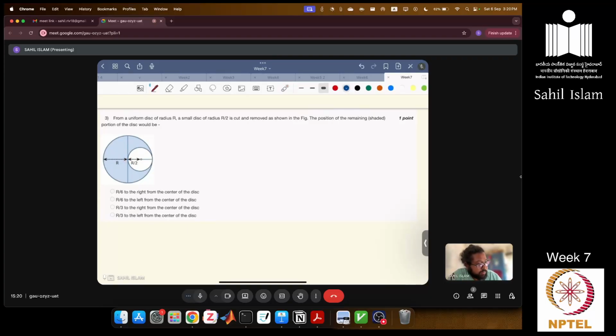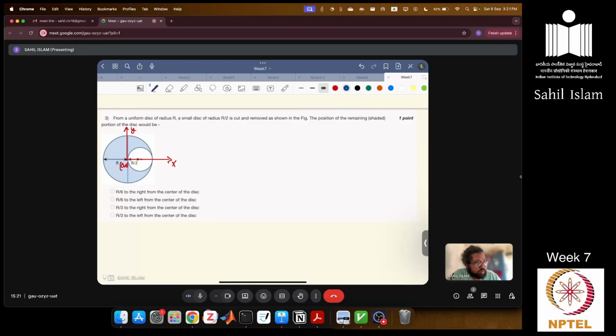So let's make a coordinate xy, and let's take this as origin. Okay, so initially the center of mass is at 0. Now we have to tell where it will shift and how much it will shift.